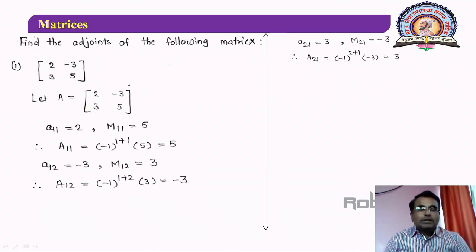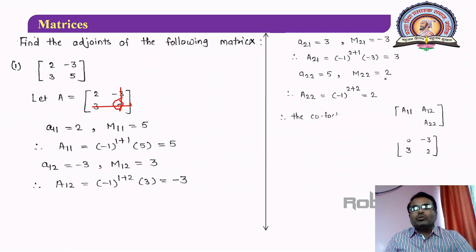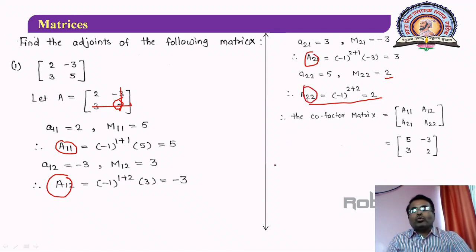And for this last element, you have to obtain the minor by deleting the last row and last column, so 2 is your minor. See here, 2 is your minor, and therefore A22 is equal to 2 as it is, because even power. Therefore the cofactor matrix, that is the matrix of this element, this element, this element and this element, because these are all 4 cofactors.